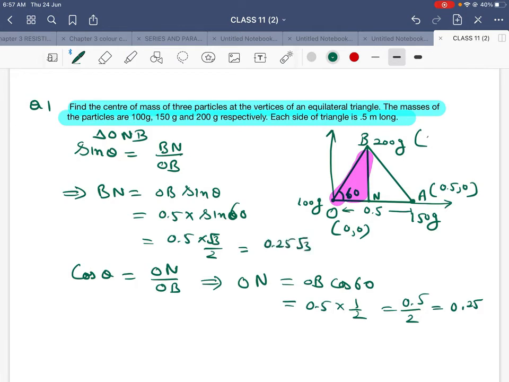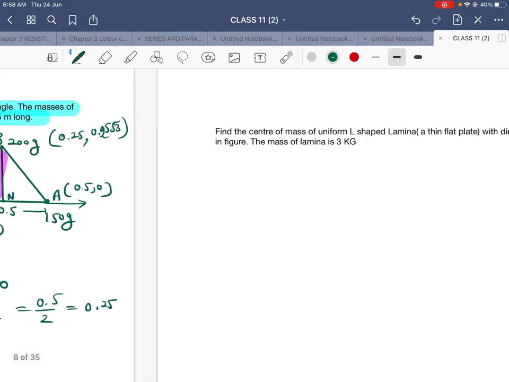So it has x coordinate 0.25 and y coordinate 0.25 root 3. Now we have to find the position of the center of mass, but since there is a discrete distribution of particles, we have to find the x and y coordinates of the center of mass.